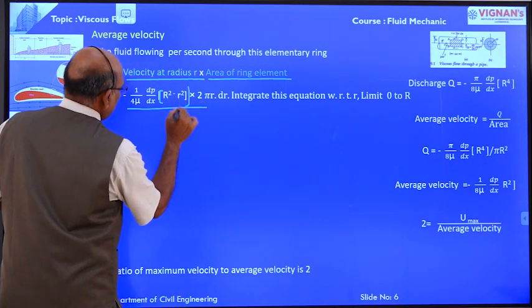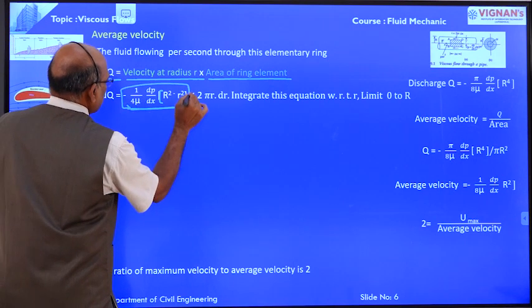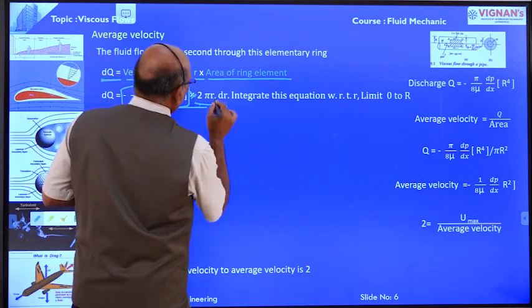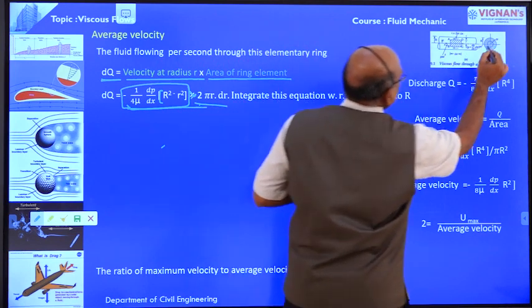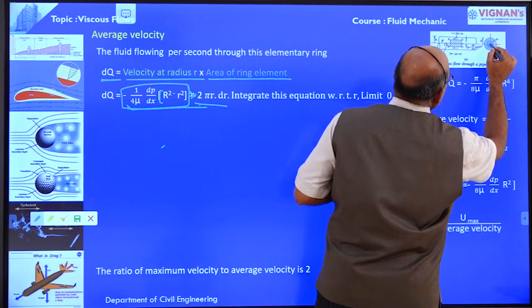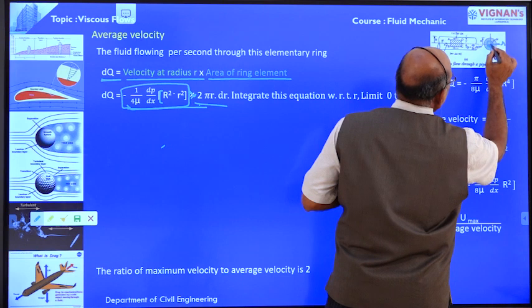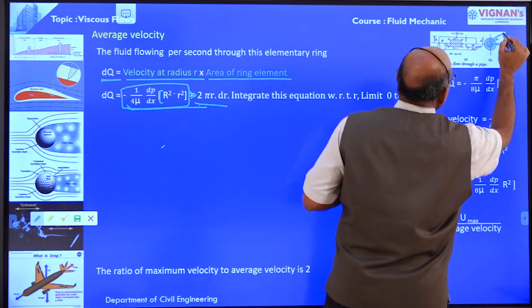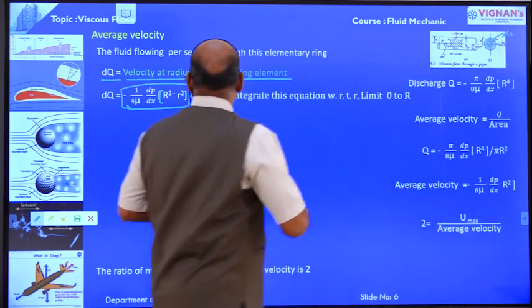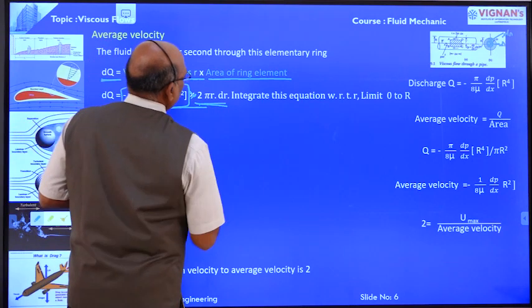This is the velocity, into the area 2 pi r dr, where small r is the radius of the elementary strip and dr is the thickness of the cylinder.